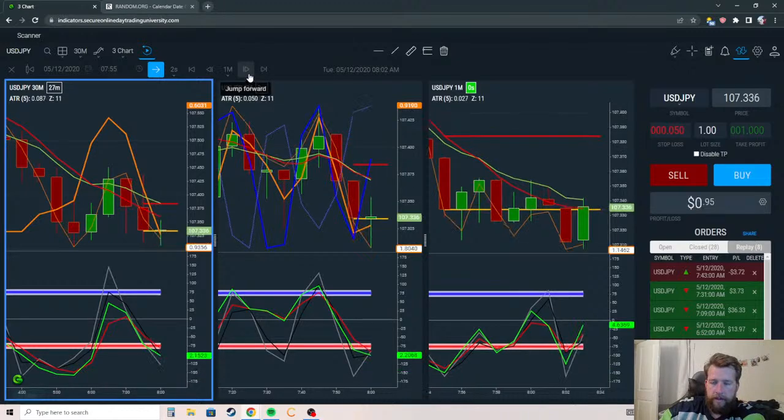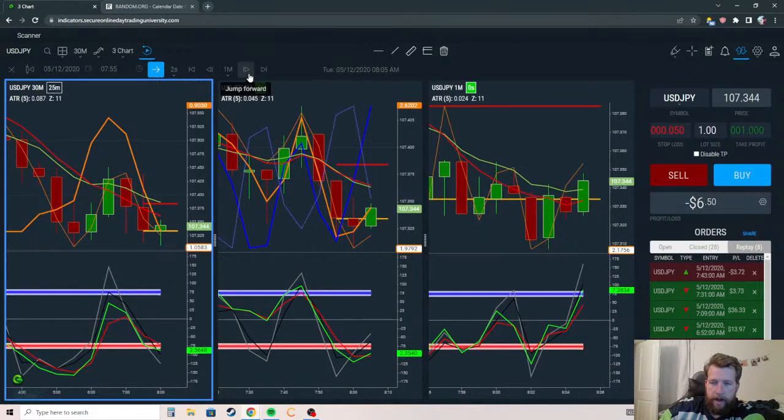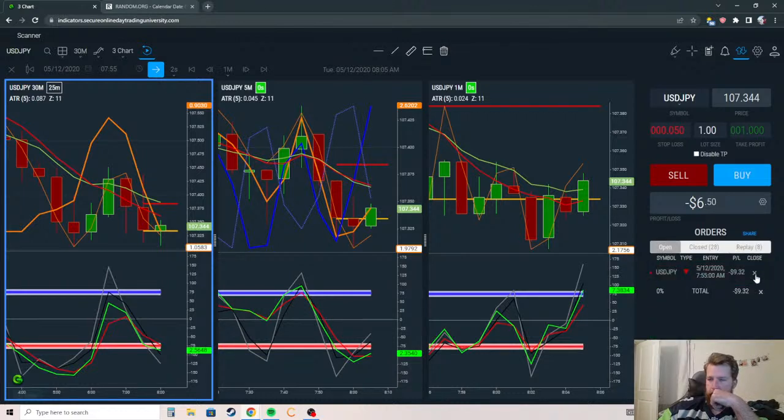Let's see if this one keeps going down. Okay, it still could. This is looking rather bullish though. These are looking rather bullish. I should have closed it here. Let's go ahead and get out because this doesn't look good.